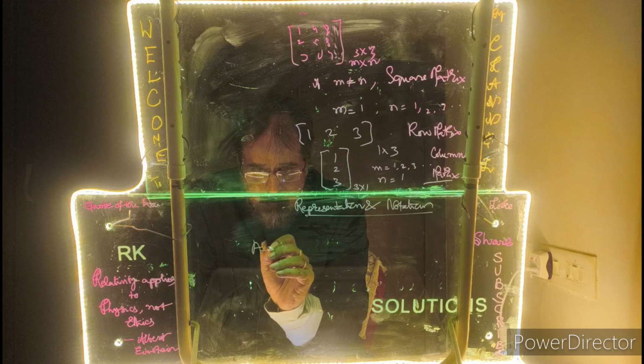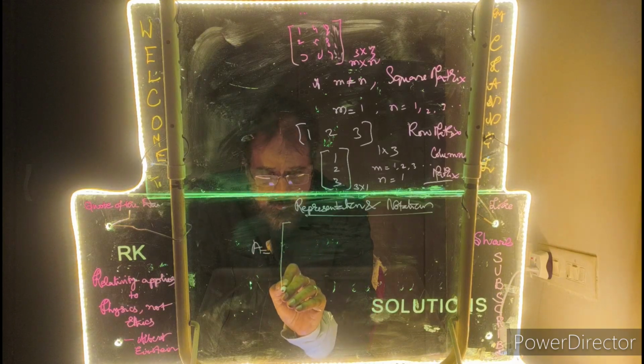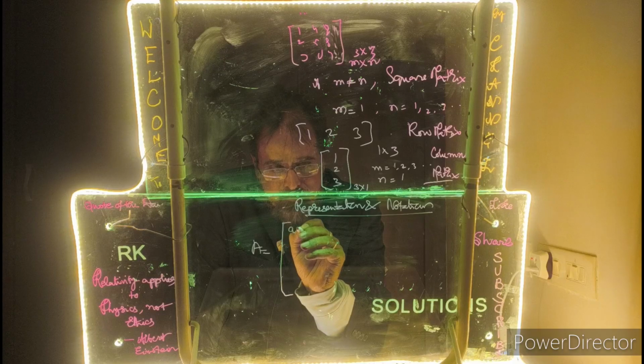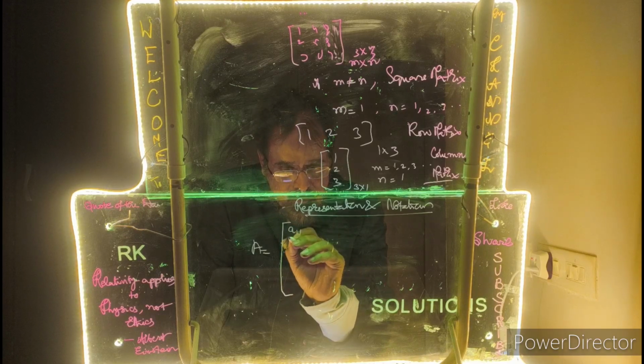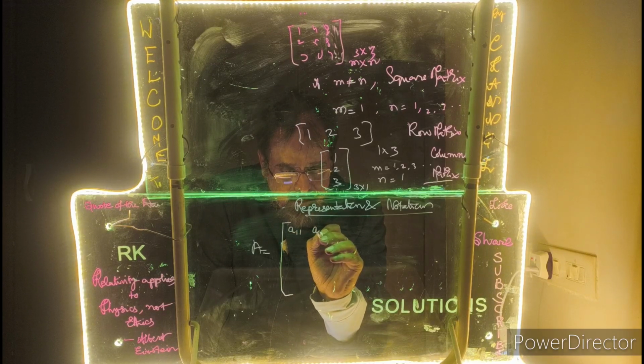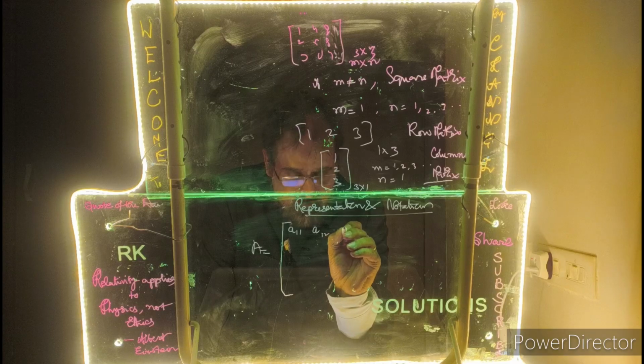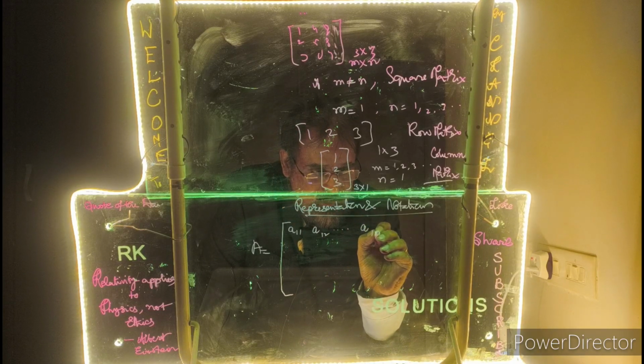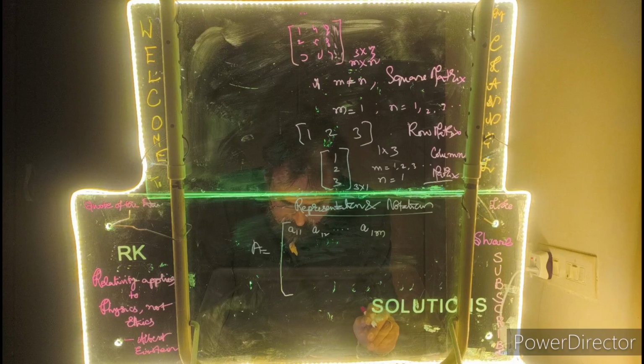A equal to, as we all know, we use the square braces. A11, A12 and on to A1M, right?